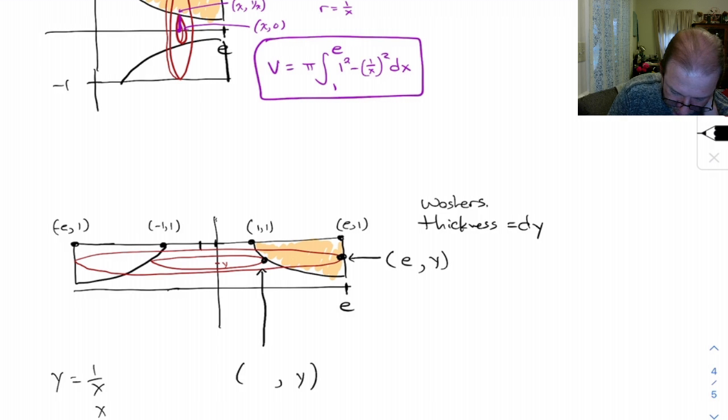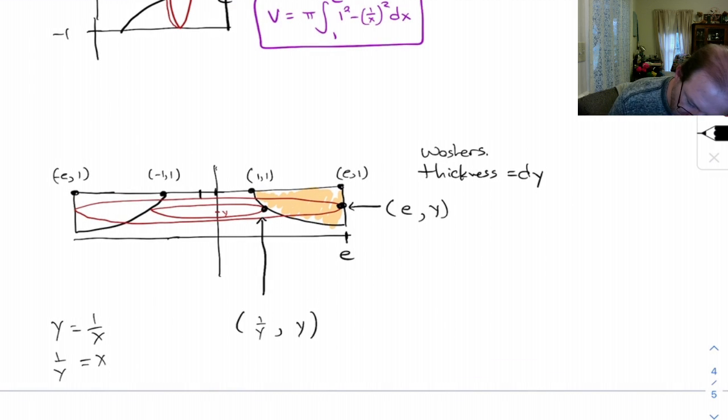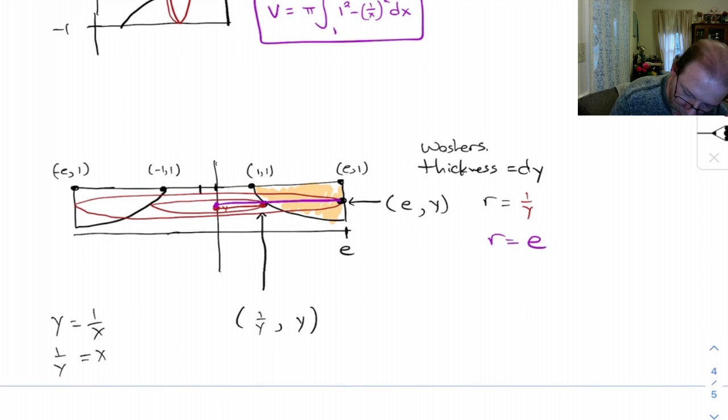If you just take the reciprocal of both sides, you get 1 over y. So our little radius is the distance from y over to here. So that's 1 over y. And the big radius is the distance from here over to there. That's not y, it's e. Because the distance from here over to there is e.